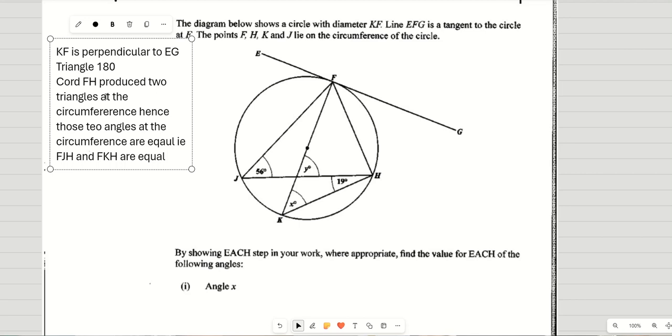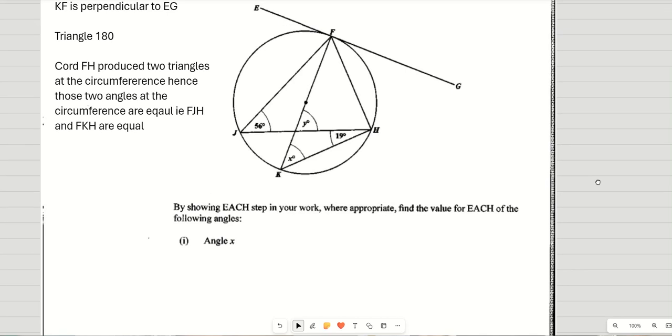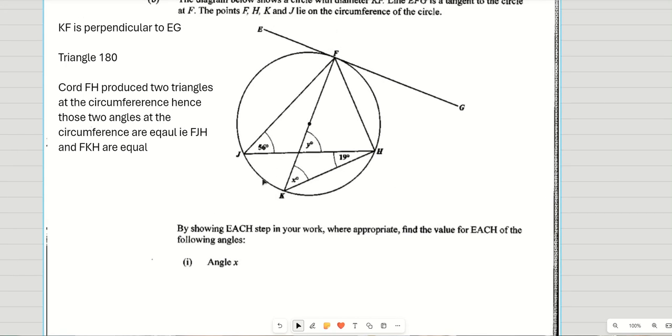Okay, so there is another rule. When we're going through it, we'll see it.